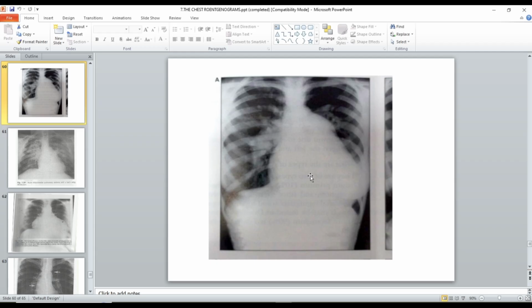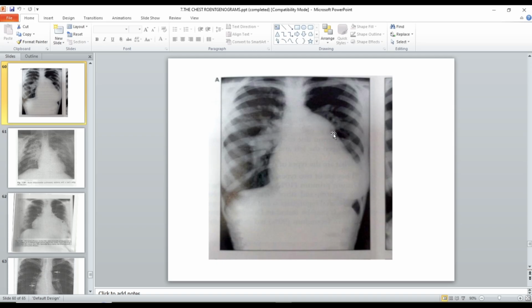This is a case of pulmonary arterial hypertension. This happens mostly in cases of shunts, ASD, VSD, and PDA. The flow from left to right increases enormously, and here we can see the thick right pulmonary artery, and the pulmonary conus is very prominent.